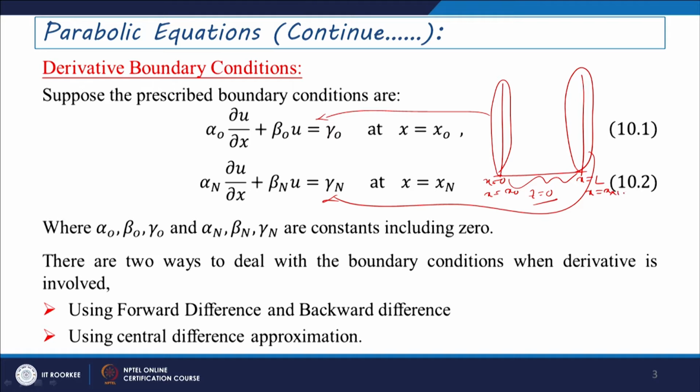Consider the coefficients alpha 0, beta 0, alpha n and beta n all as constants. Sometimes they may be prescribed as 0 values, and gamma 0 and gamma n are also constants, sometimes given as 0.